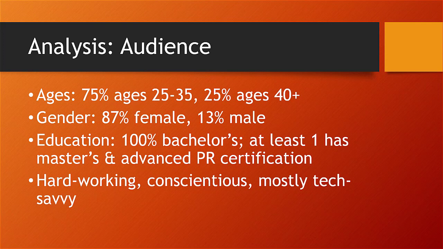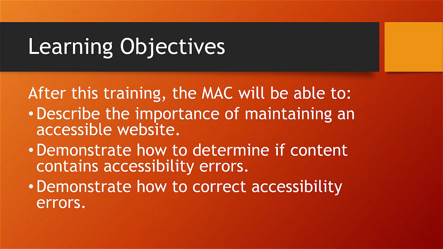They already know the basics of logging into the content management system, finding the way to their specific content, and editing that content. This learning module, entitled Accessible for All, is divided into 3 sections, each based on a learning objective.